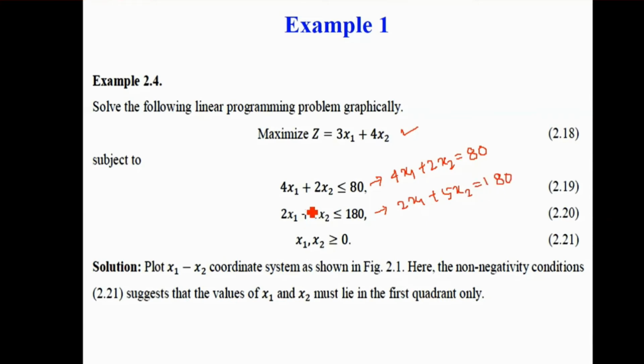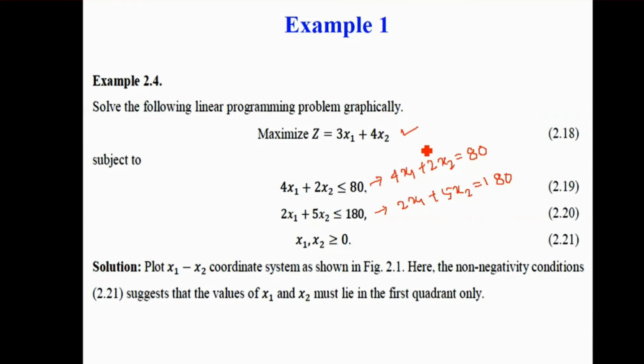You can observe that we have taken equality, but all the solutions lie in a region where we take x1 and x2 in such a way that 4x1 plus 2x2 is less than or equal to 80.